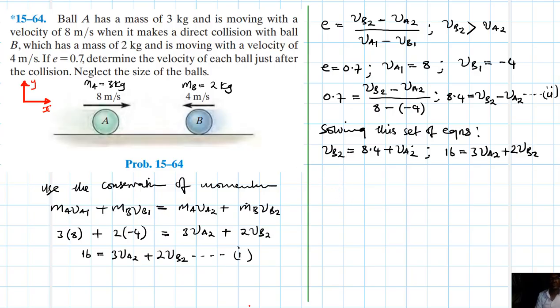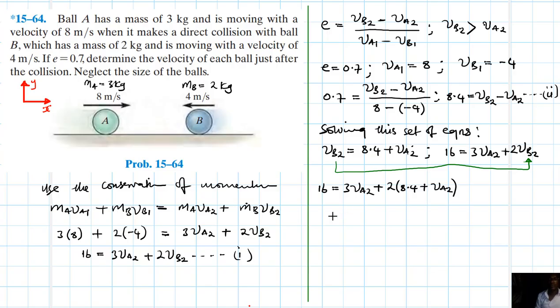So we can plug in this value: 16 is equal to 3 vA2 plus 2 times 8.4 plus vA2.